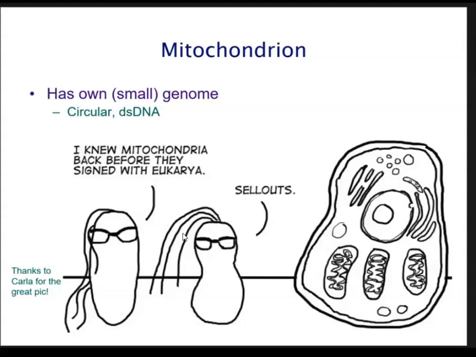So not all of the genes needed to support the mitochondria are in the mitochondrial genome. What that means is that some proteins that are needed in the mitochondria are actually encoded by genes that are in the nucleus.